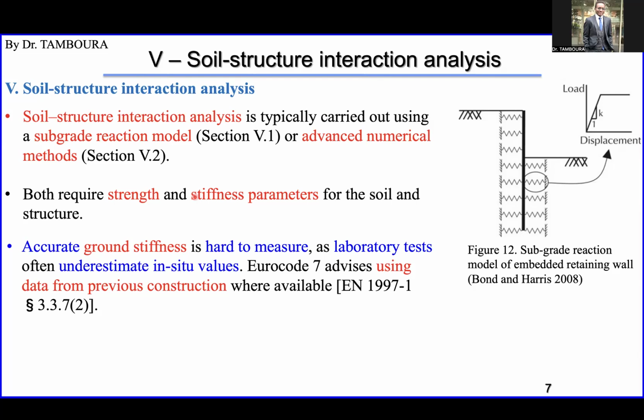For example, if you want to build a retaining wall, and in the neighborhood there is an existing retaining wall that has been there for years and is performing very well, it means the data used to design that previous wall are good enough, because the existing one is still stable.